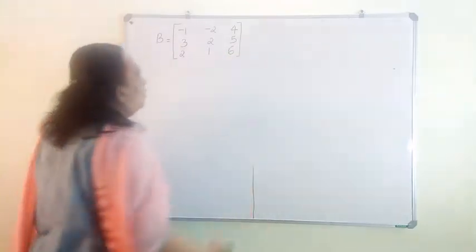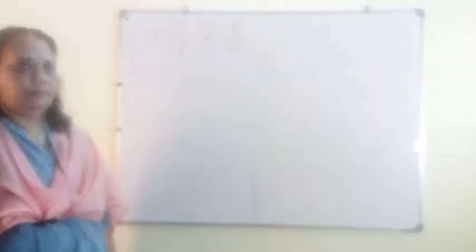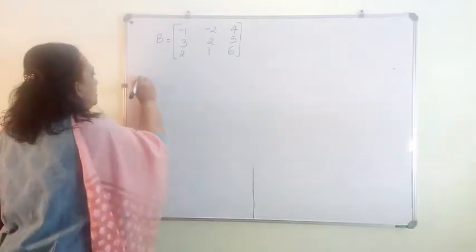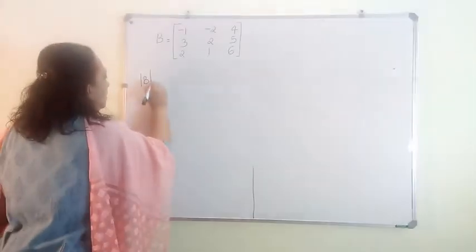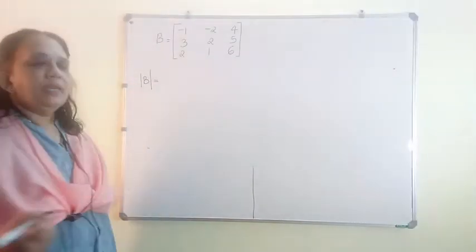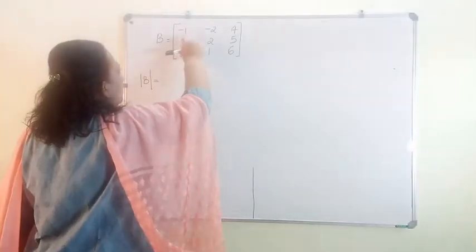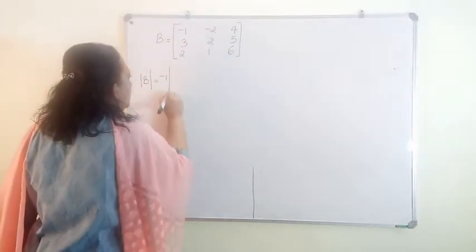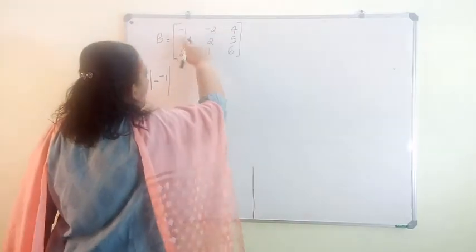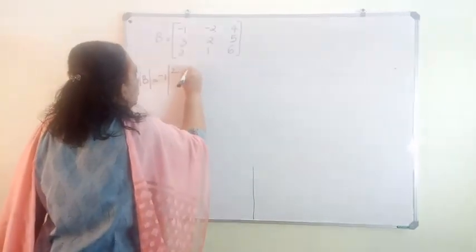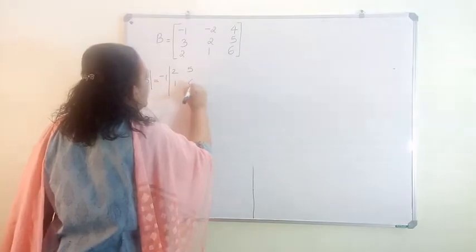Third order. What is the value of this determinant? So, I will write determinant of B. I am going to expand along the first row. Take the first element, minus 1 into determinant, eliminate the row and the column. 2, 5, 1, 6.